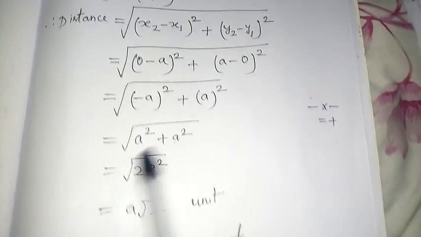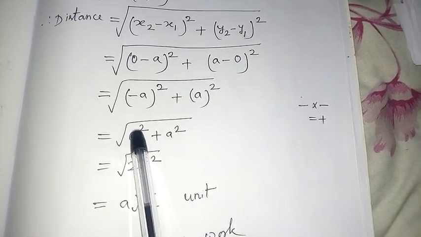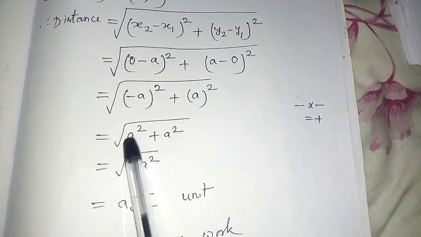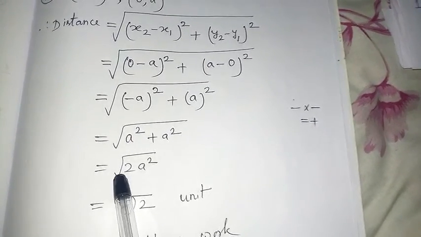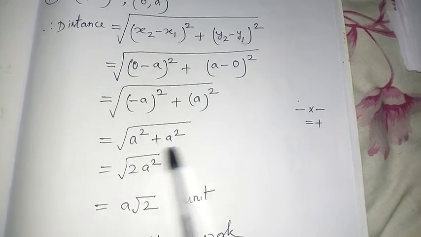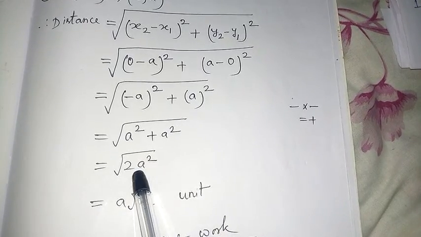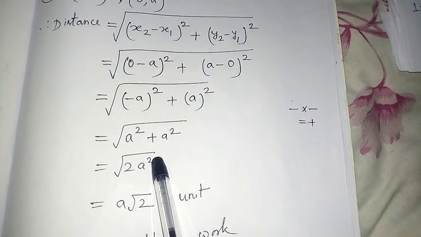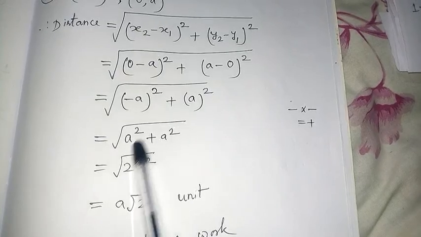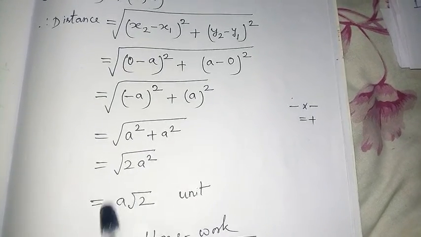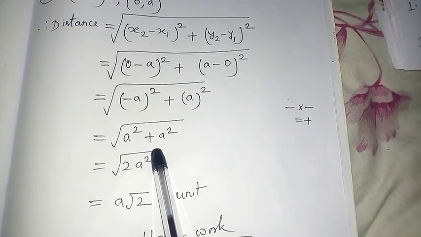A square plus a square is 2a square. Like mango plus mango is 2 mango. Similarly a square plus a square is 2a square, root over. And very important children, whenever there is a square and root over, the a will come out, because it is having a square.